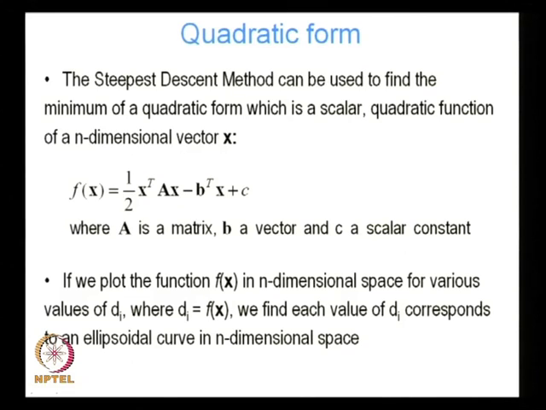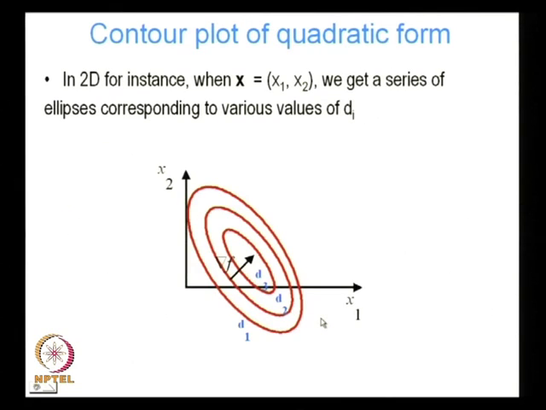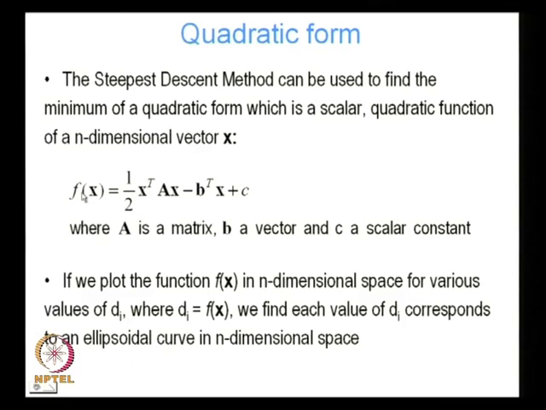If we plot this quadratic form in n dimensional space for various values of a constant d, where d is equal to f of x, then we find each value of di corresponds to an ellipsoidal curve in n dimensional space. If I have just two variables and a quadratic form, then I plot f of x equal to d1, f of x equal to d2, f of x equal to d3.